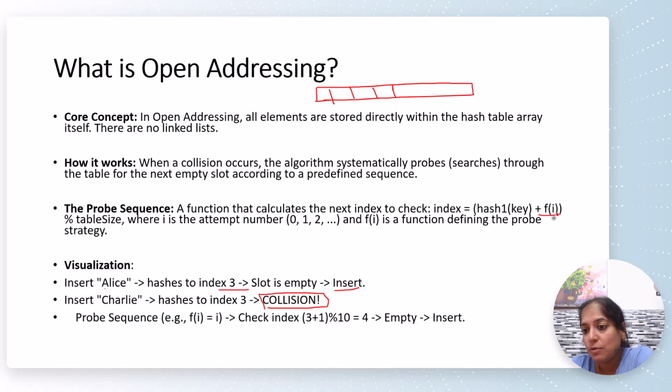That is, we are going to use another function, which will calculate the next available slot in the hash table. For example, we get the next available slot as 4, which is empty. So we will insert this value Charlie at the index 4.